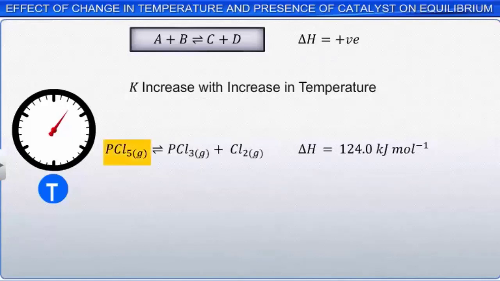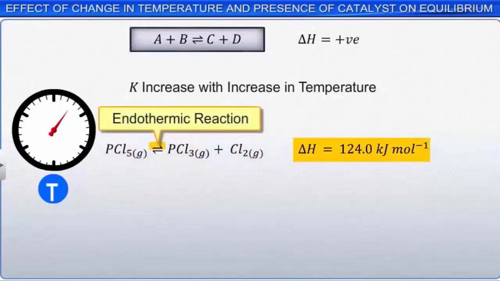The positive enthalpy change for this reaction indicates the endothermic nature of the forward reaction. If the temperature for this reaction is raised, then the forward reaction of PCl5 dissociating into PCl3 and Cl2 occurs.